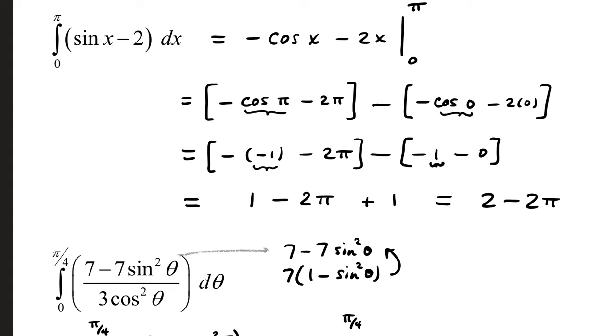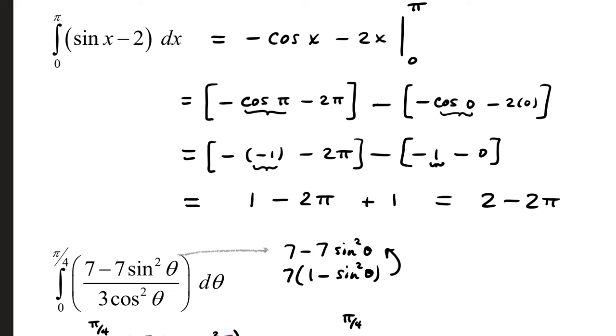Evaluating the antiderivative at pi minus evaluating the antiderivative at 0, that gives us negative cosine of pi minus 2 pi. From your unit circle, cosine of pi is negative 1. Two negatives make a positive 1 minus 2 pi.